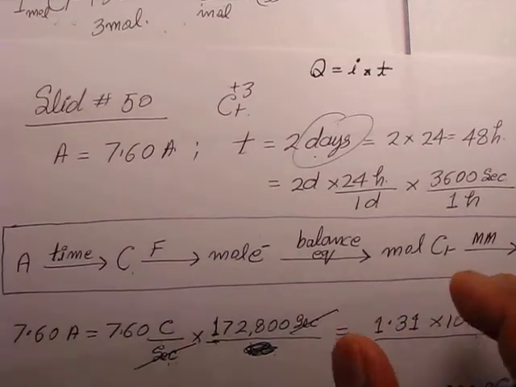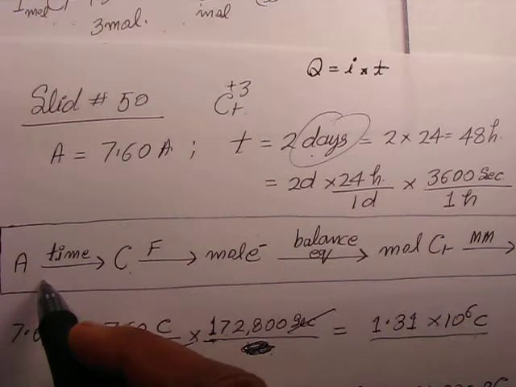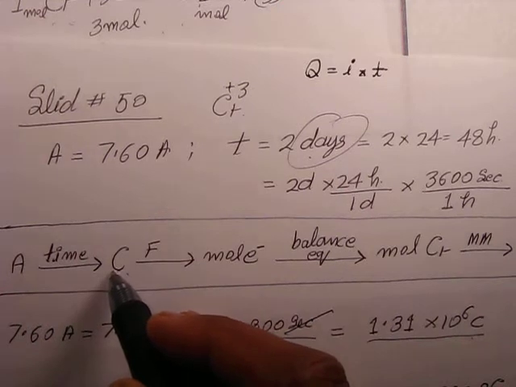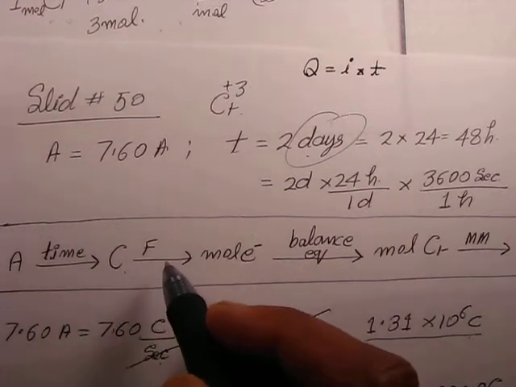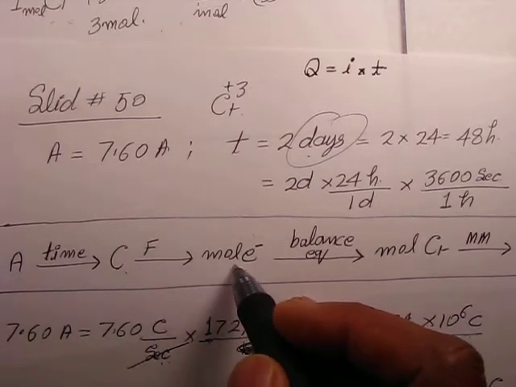And then we will use the same flow chart. I is the ampere, which we multiply by time to give us coulomb charge, and then once we divide by the Faraday constant, we will get the number of moles of electron.